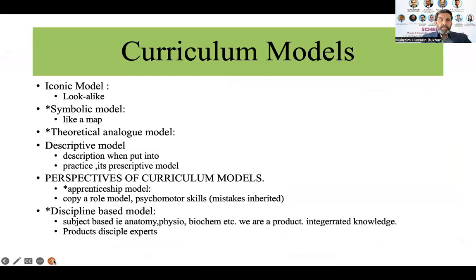What are the different curriculum designs? Yesterday, I discussed that designing started from 1940 with the trial model, and it is now 2022, almost 82 years. But still, we are wondering which model is more important.